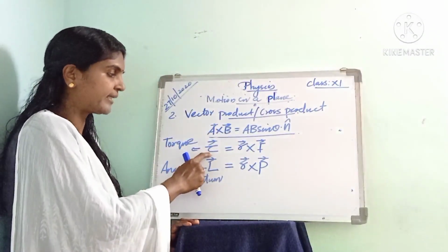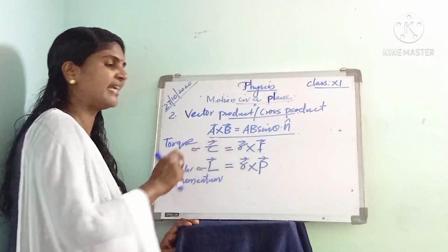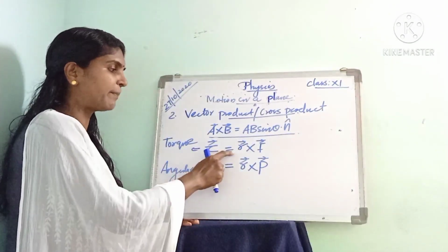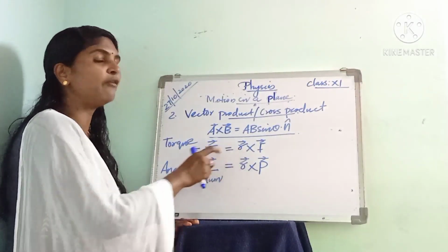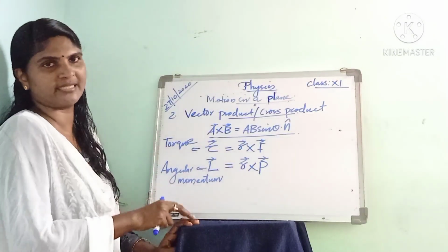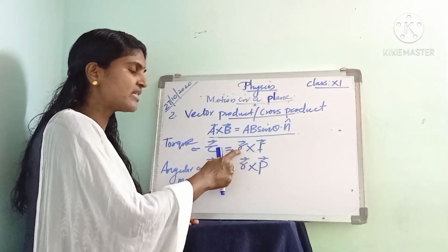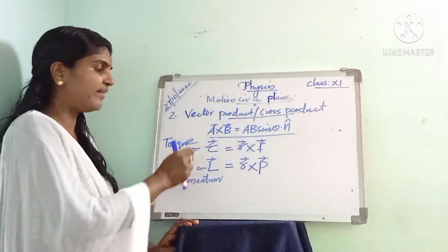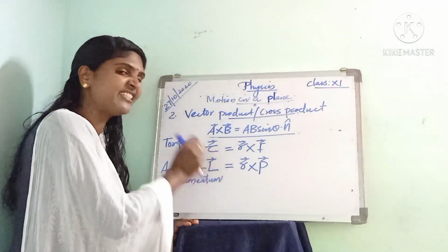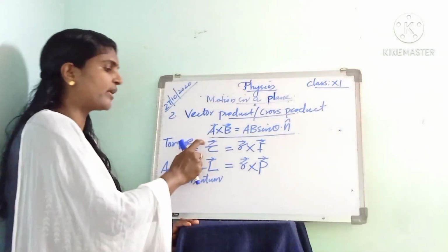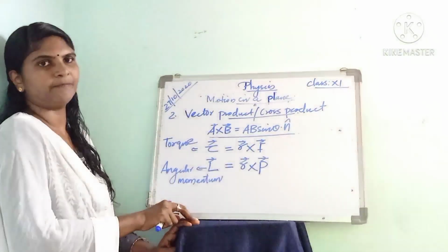So torque is equal to R cross F. After taking the cross product of position vector and force, we will get torque, which is a vector quantity.